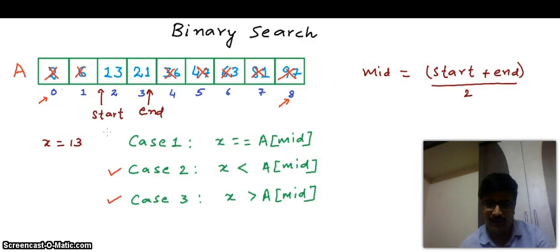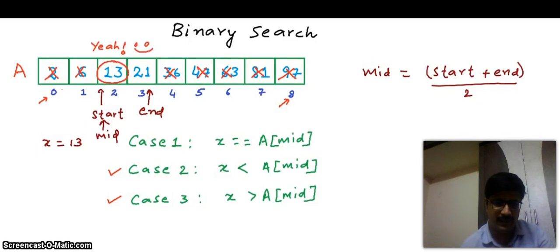Now the middle element: 3 plus 2 is 5, 5 by 2 is 2.5 and the integral part is 2. So this is our middle element. x is now equal to the middle element. We have found our element, so we are done with our search.